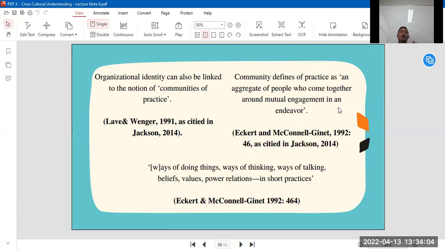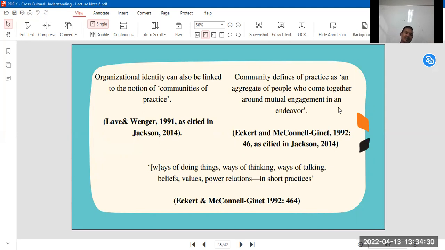It is about the ways of thinking, ways of talking, beliefs, values, power relations. These are criteria. If we are joining a particular environment, then we do the same things. We think as the majority also do, and also the beliefs that the majority have, values, and also power relations.